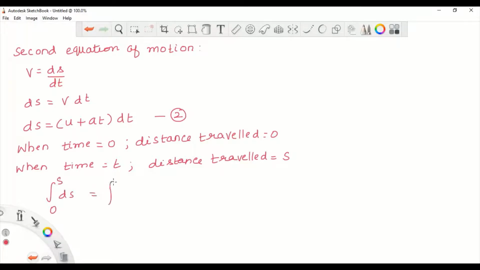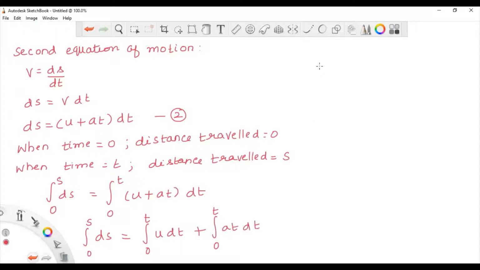Here again integral 0 to t. We are integrating with respect to dt. So u plus at dt. So integral 0 to s ds is equal to integral 0 to t u dt plus integral 0 to t at dt.